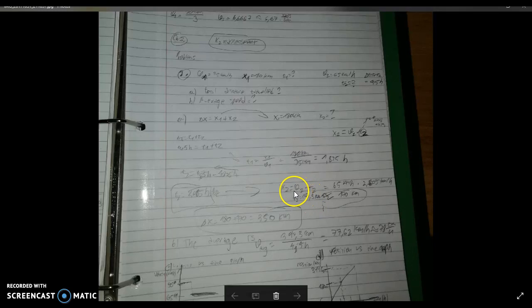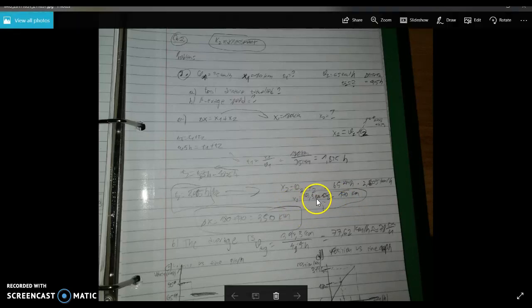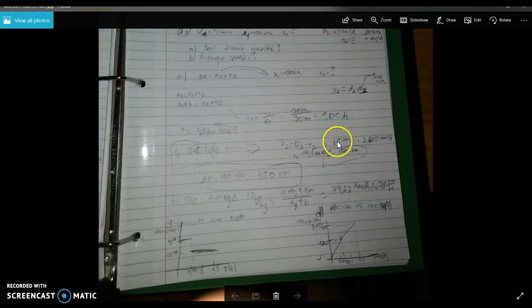Afterwards I calculated the distance traveled for this speed and this time, and this speed and this time. So I ended up with a result of 169 plus 3, which is approximately 170 kilometers, and a total distance traveled of approximately 350 kilometers, or exactly 349.3.